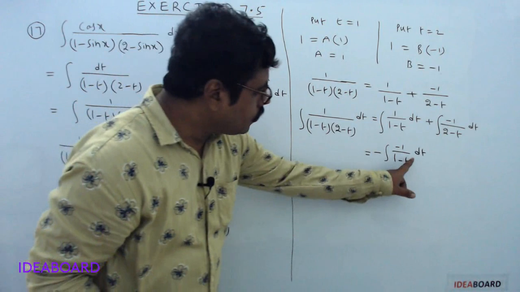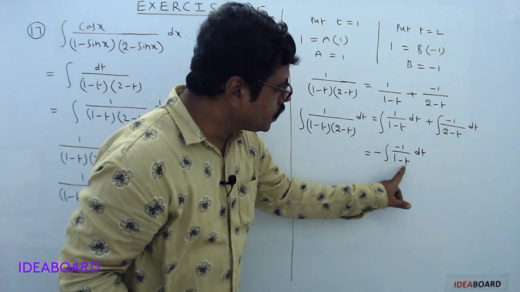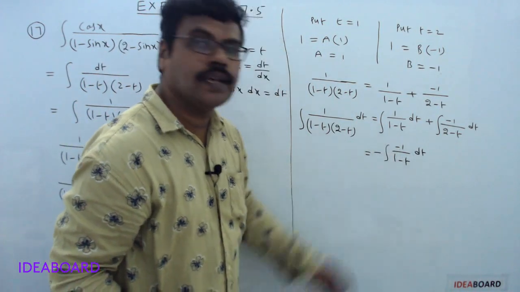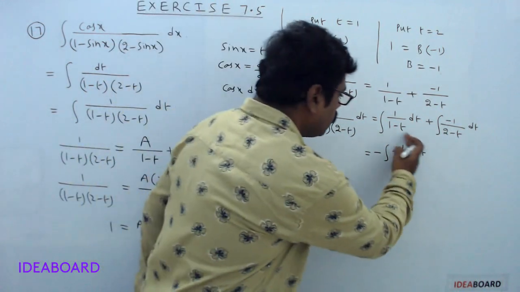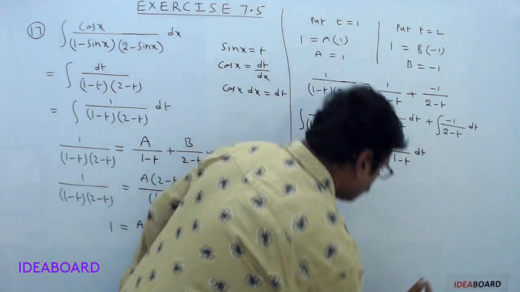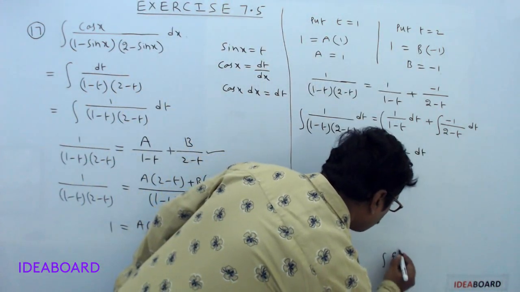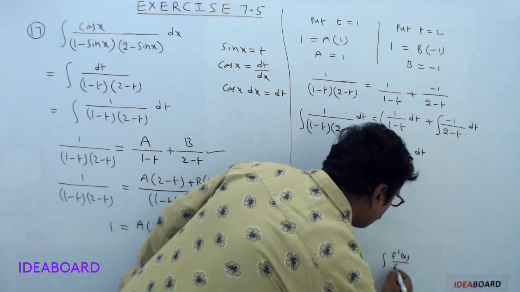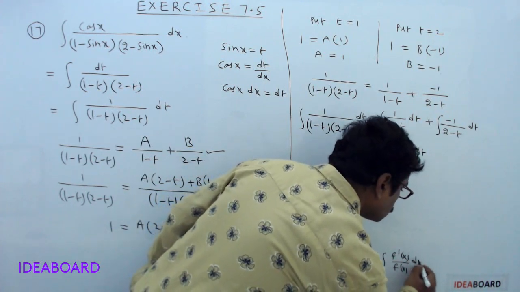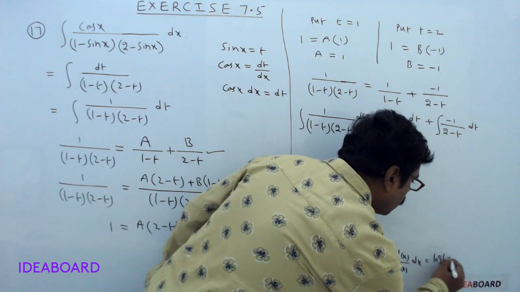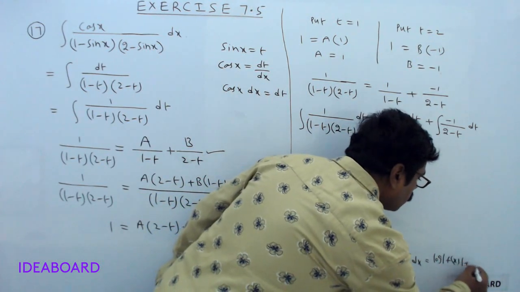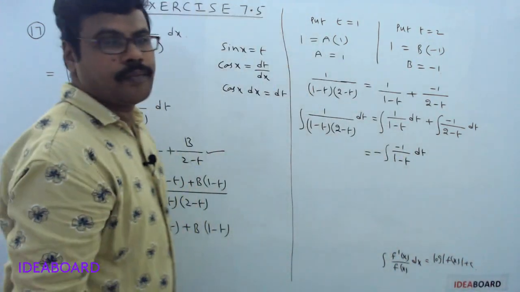Now see here, derivative of 1 minus t with respect to t is minus 1. Now clearly this term is of the form integral f dash of x divided by f of x dx. What is its formula? Log mod f of x plus a constant c.